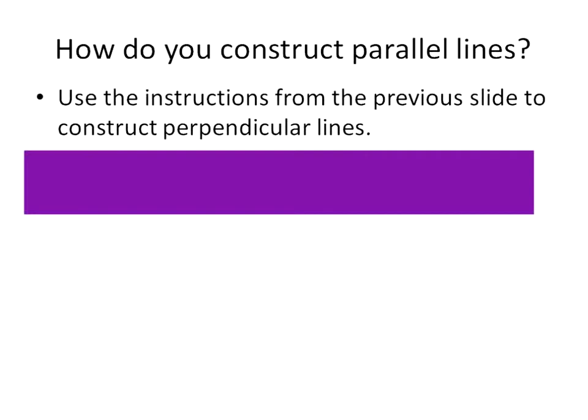I'm going to label it. Line AD is perpendicular to line BC. And I put the arrows on it because we're talking about lines, not line segments, right? So AD is perpendicular to BC. I want something that's parallel to BC. I want to say that BC is parallel to something.